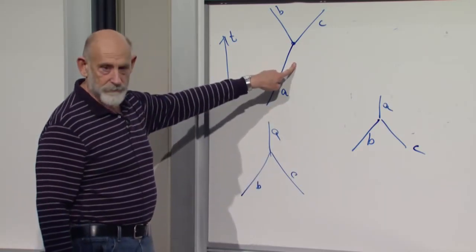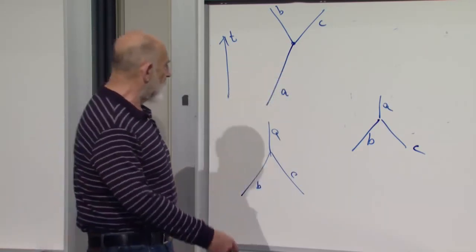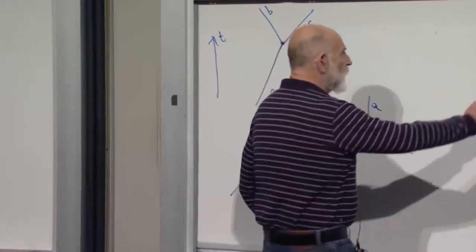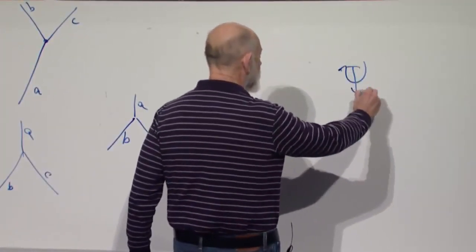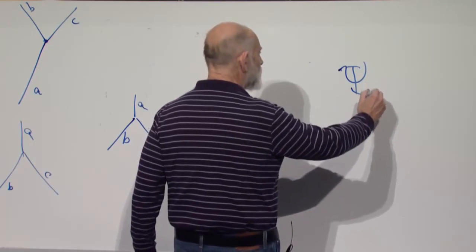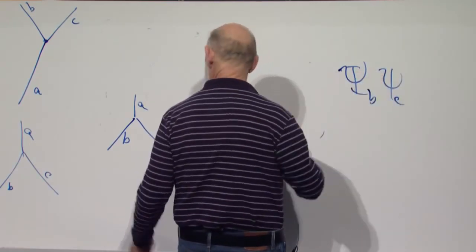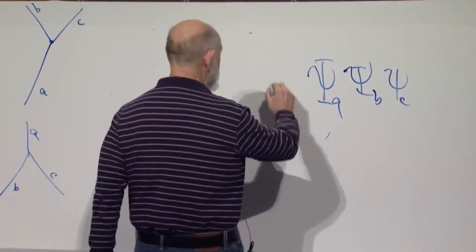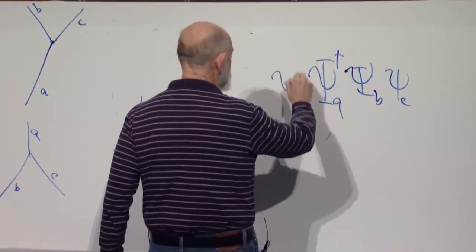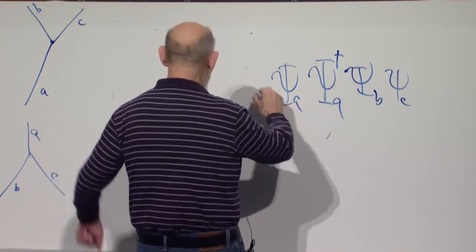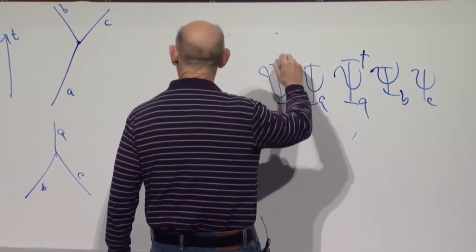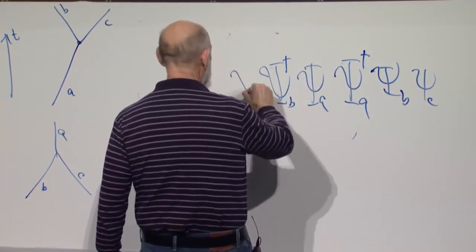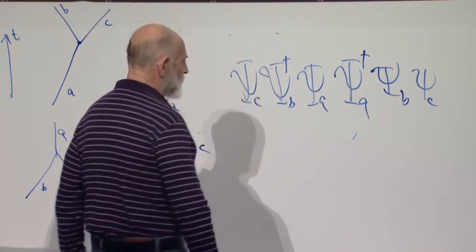But what can happen is when you square the Hamiltonian, you can get this term times this term. In other words, let's write it out. It's got psi B, psi C, times psi dagger A, and then psi dagger A, then psi A, psi B, psi C. A big mess.